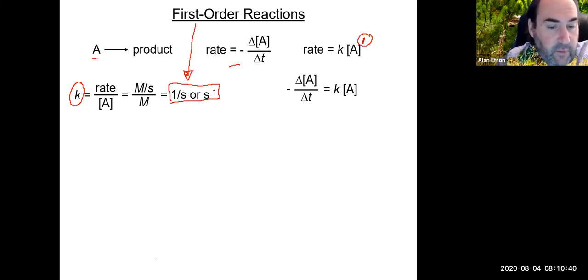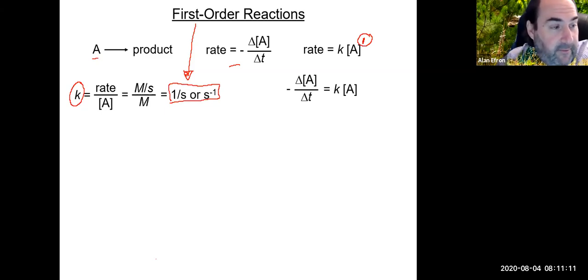Now, although it is 1 over seconds, it doesn't necessarily have to always be seconds. It could be 1 over minutes, 1 over hours, 1 over weeks. It's really 1 over some unit of time. Most commonly, though, it is thought of as 1 over seconds because if you think about it logically, if you're doing some type of experiment in the laboratory, most likely it's going to be seconds, maybe minutes, in terms of how long the reaction will run for.